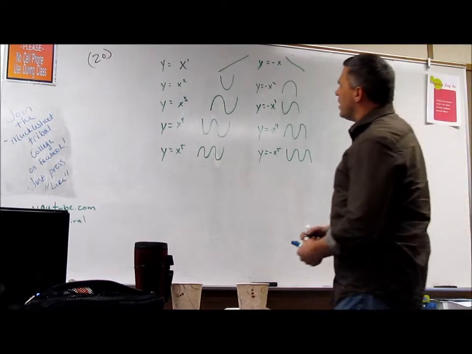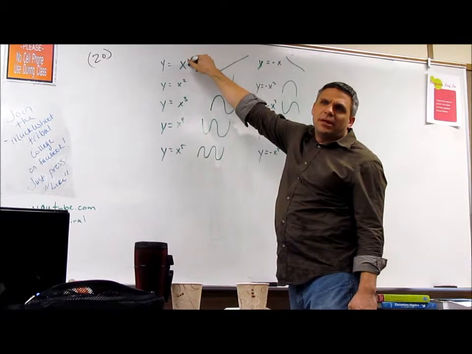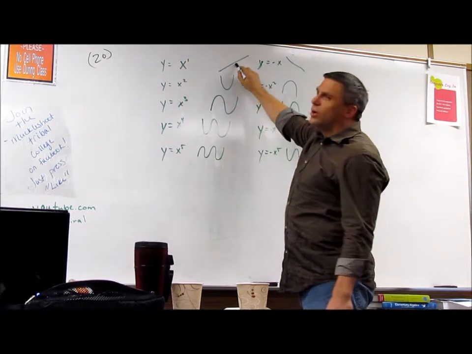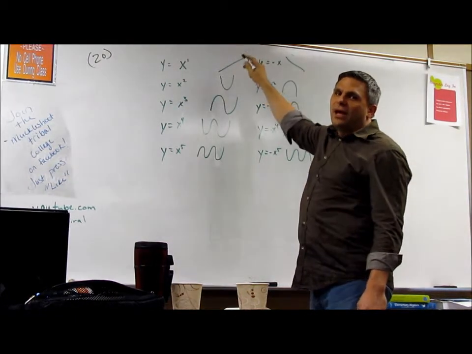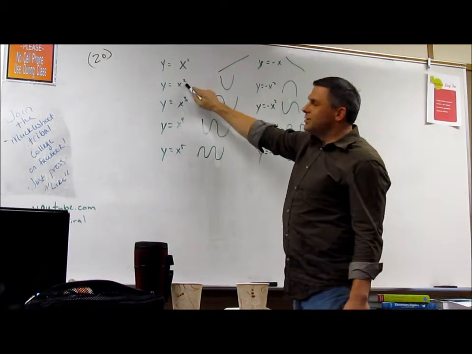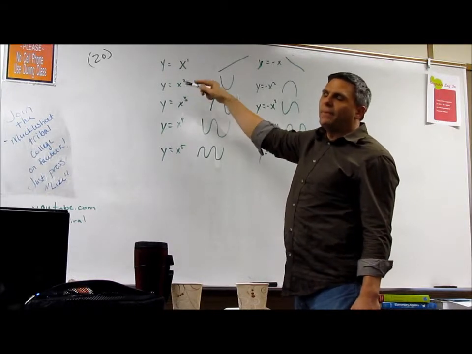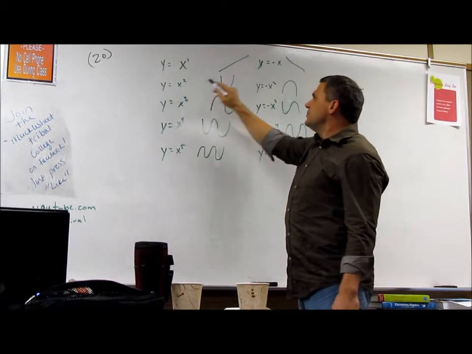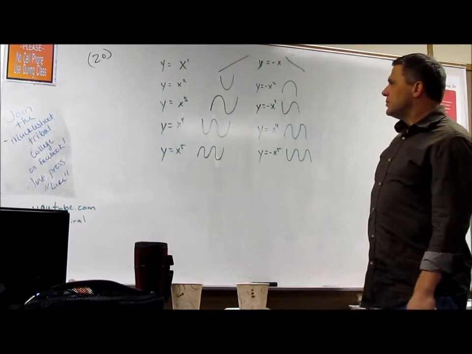One thing we figured out is if it's got one exponent, it's got no curve to the function. If it's got a power of 2, or a degree of 2, it's got one possible curve.